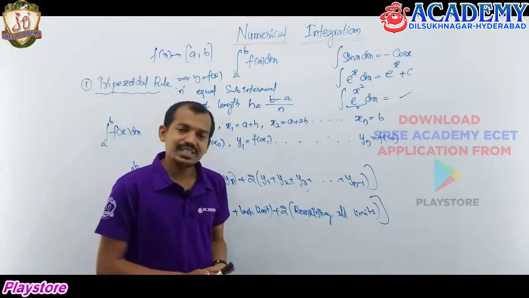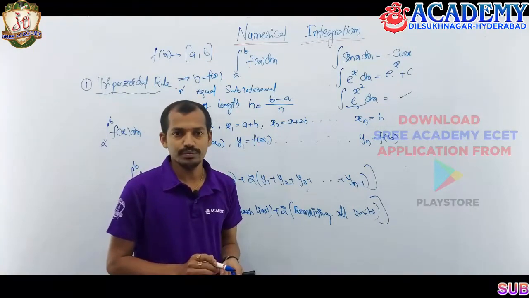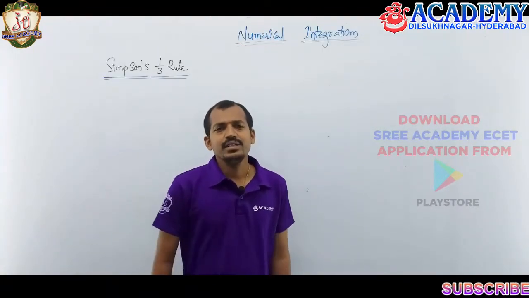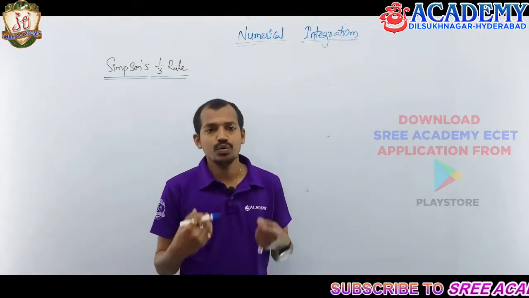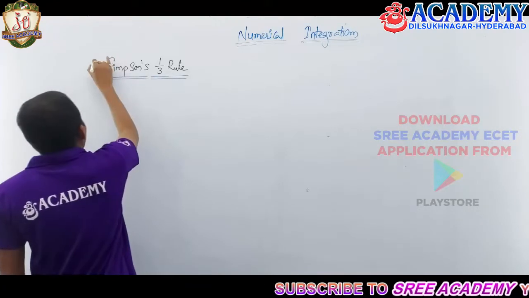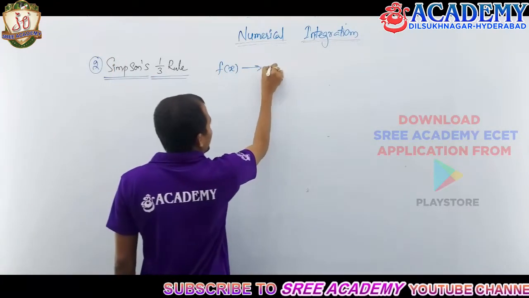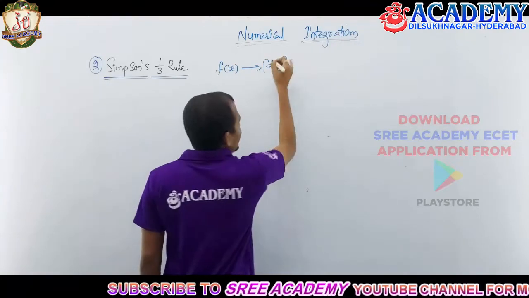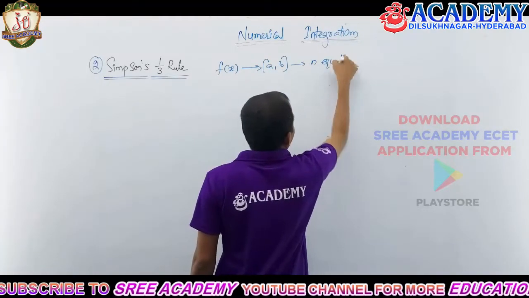Okay, let's see another rule also, that is Simpson's 1/3 rule. Here also it is the same thing. If the function is defined in the interval a to b, we divide it into n equal subintervals.